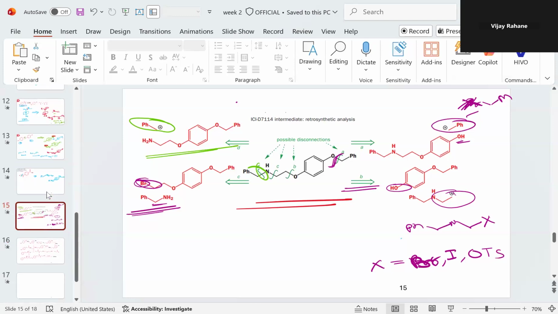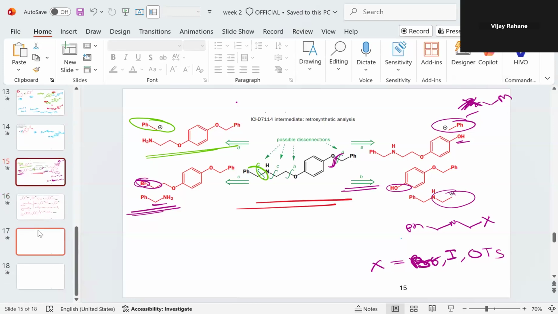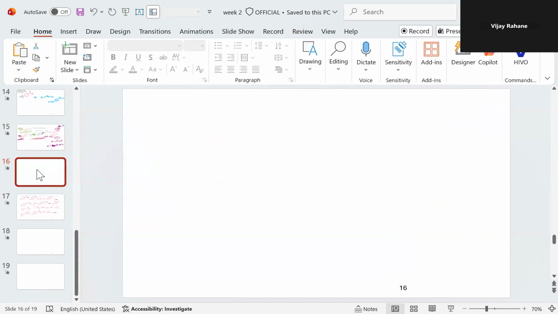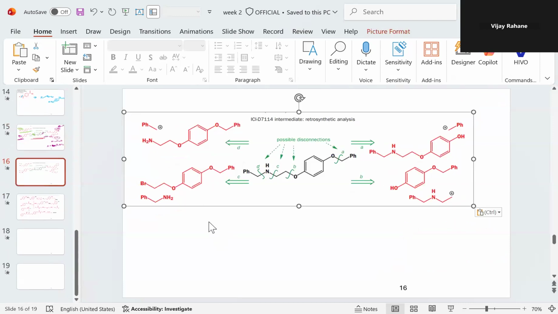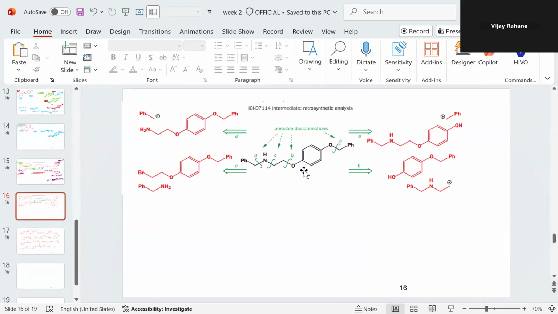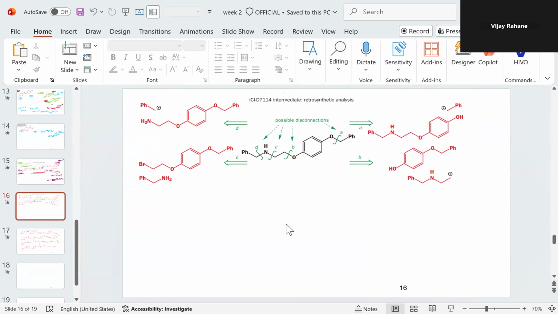So what will you do when you have similar options available, right? I'll just take this molecule now. Forget about the other disconnections. If you want to do the forward synthesis now, what can you choose from this one?